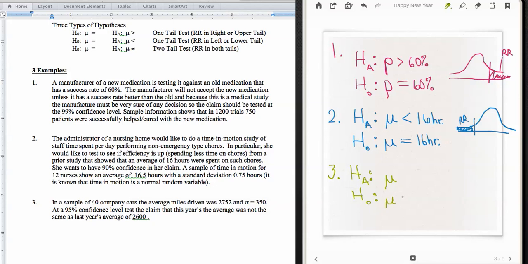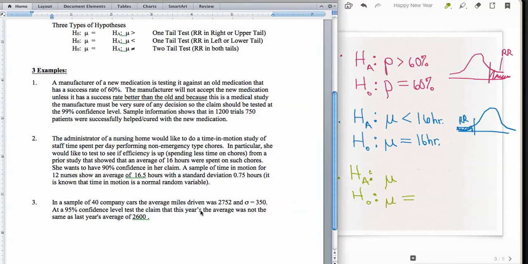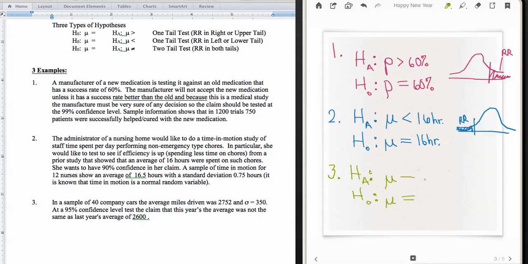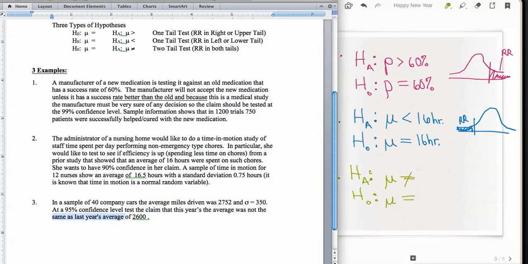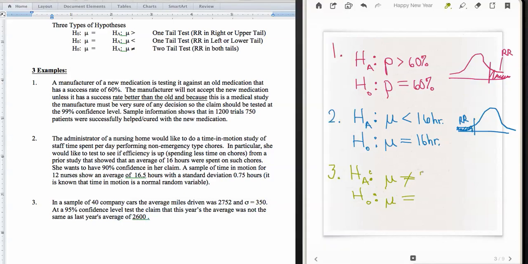And so I know equals to, and the claim, not the same. Well, if it's not the same, it's not equal to. And then last year's average, which is being held up as the population, right? That's what we're comparing against with our sample, is 2,600. And that 2,600 miles goes both there and there.